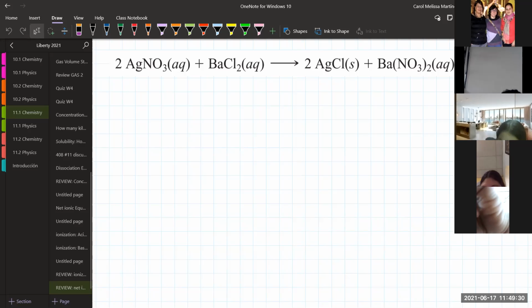The first part that I do is identify everything that I can dissociate. I can dissociate only those that are aqueous. Like the first one, the second one, and the fourth one. Now, this is solid.